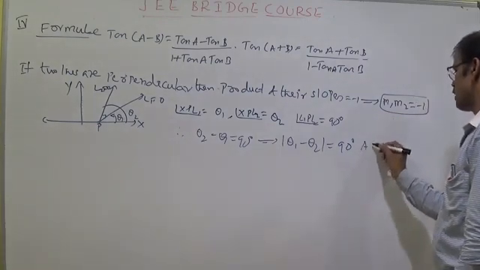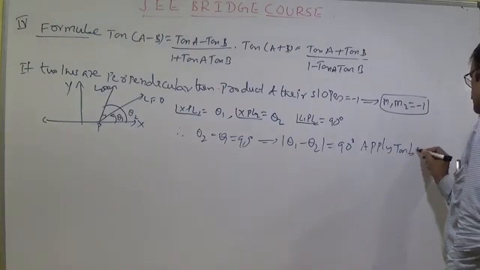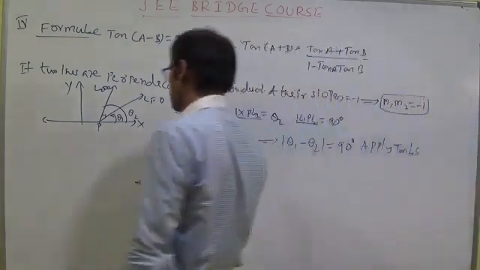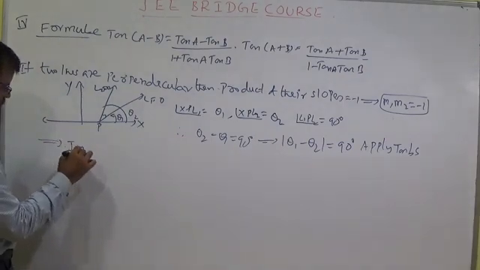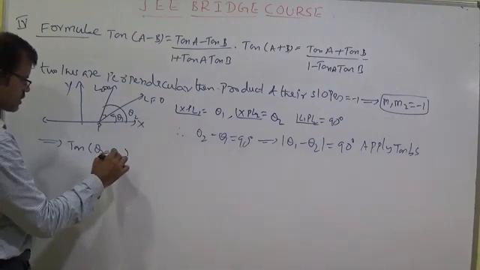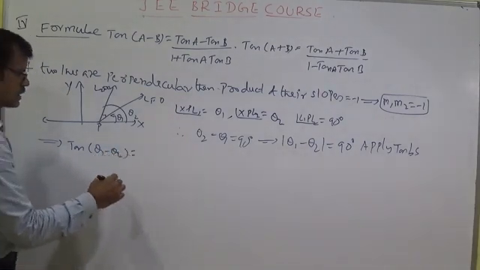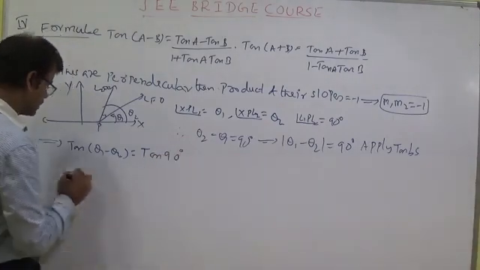Now, apply tan both sides. That implies tan of modulus of θ1 minus θ2, directly we can write, don't get confused, is equal to tan 90 degrees.